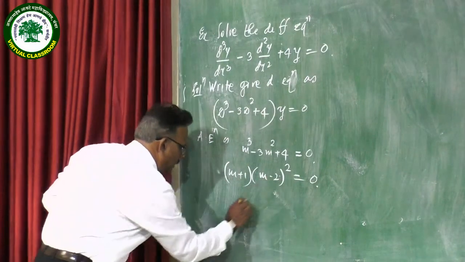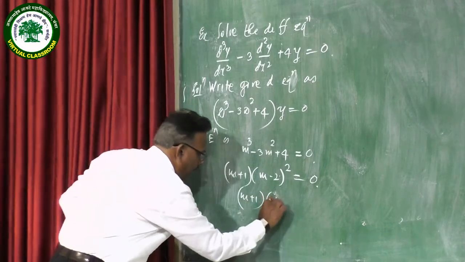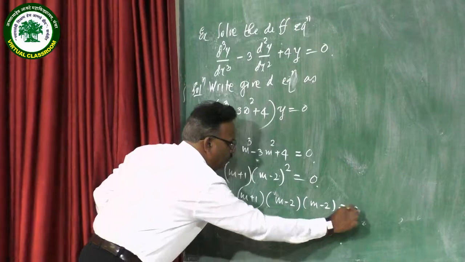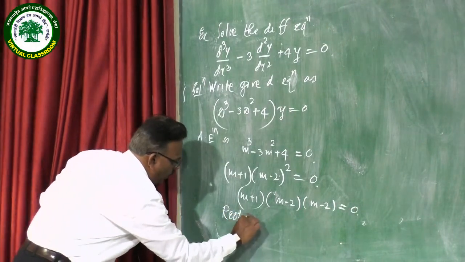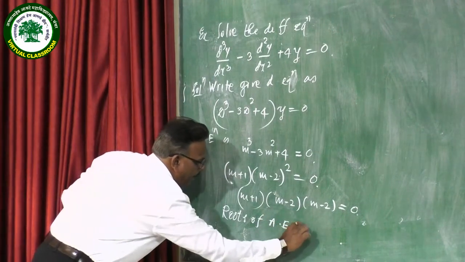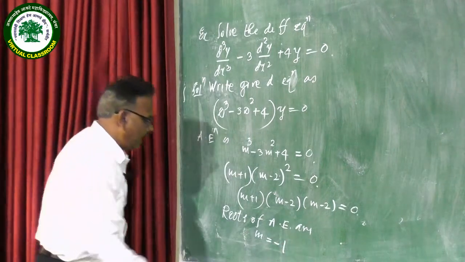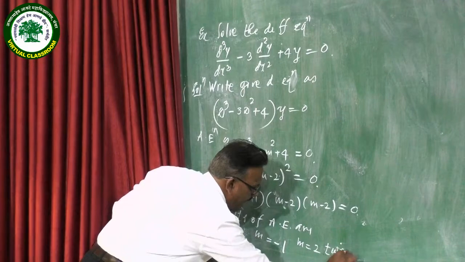That means it is simplified as m plus 1, m minus 2, m minus 2 is equal to 0. Therefore, the roots of the auxiliary equation are m is equal to minus 1 and m is equal to 2 twice.